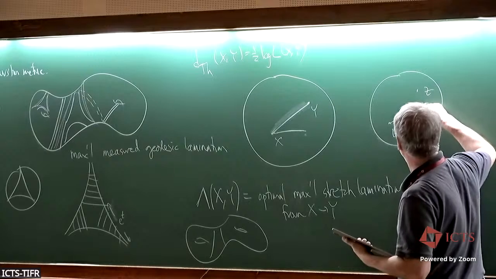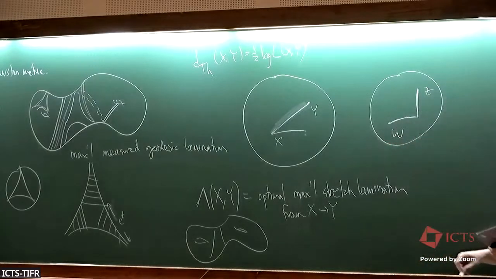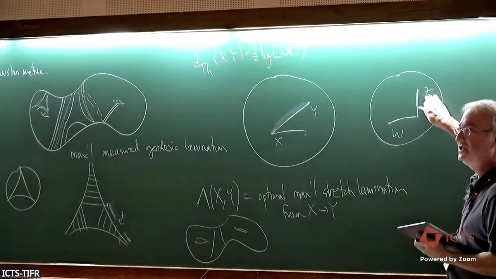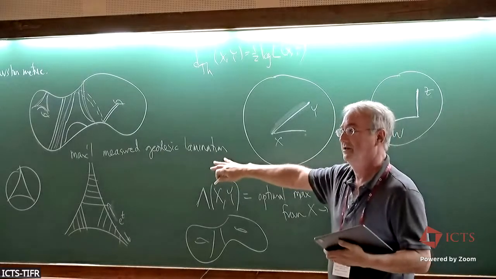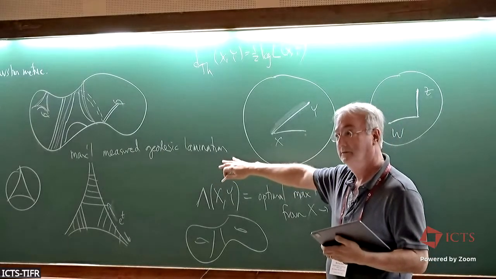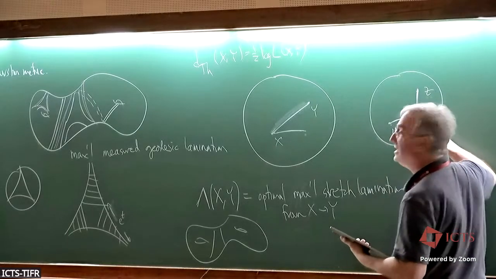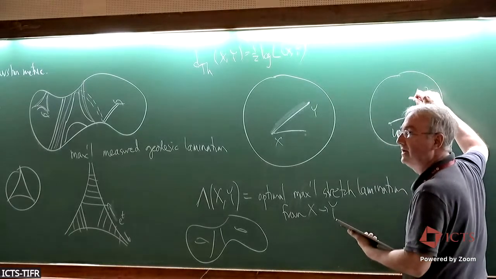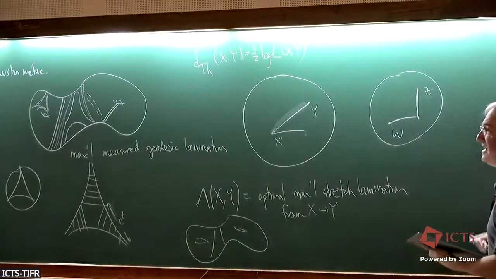And I can actually achieve a minimizing distance from W to Z by concatenating these Thurston constructions. Okay? So by stretching in one direction and stretching in another direction, I can get between any pair of points. It is not unique.